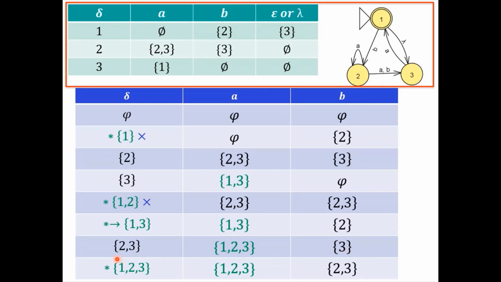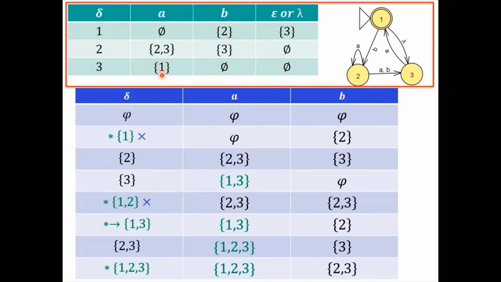The last state of our DFA is state 1, 2, 3. Now we have to consult all of these three states in the NFA to satisfy the transitions for both input letters. First, we'll see for state 1, 2, 3 the transition arrows for the input letter A. On input of A, 1 leads to phi, 2 leads to 2, 3, and 3 leads to 1.